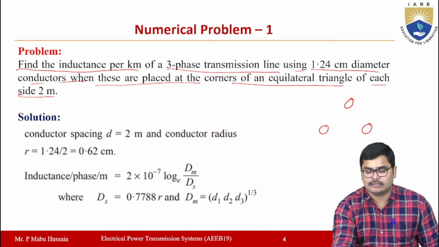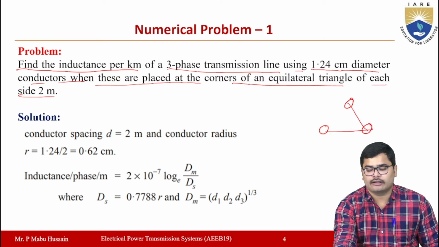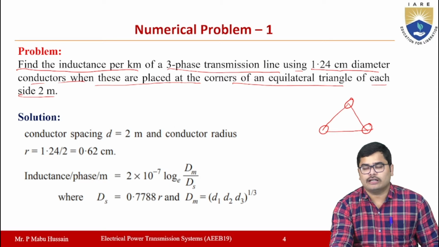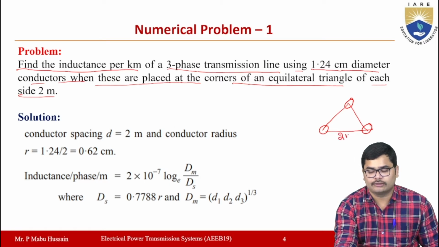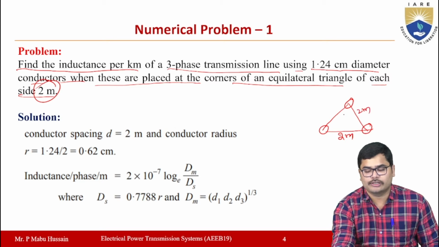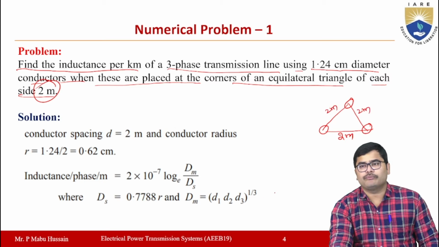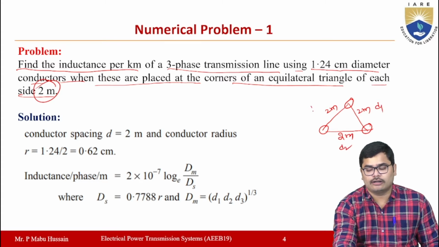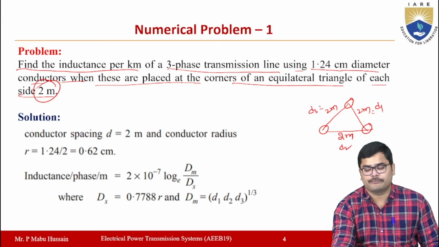An equilateral triangle in the sense that the distance between any 2 phases will be the same, which is 2 meters. It was given here, right? So 2 meters is the distance between any 2 conductors. This is 2 meters, this is 2 meters, and this is also 2 meters, which is nothing but D1, D2 and D3. All values will be the same.